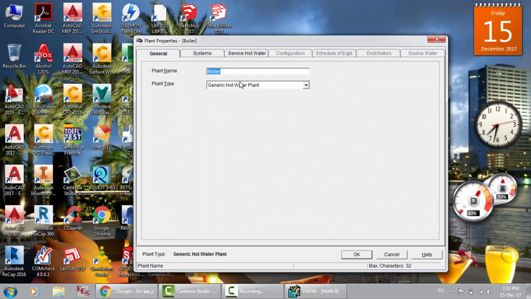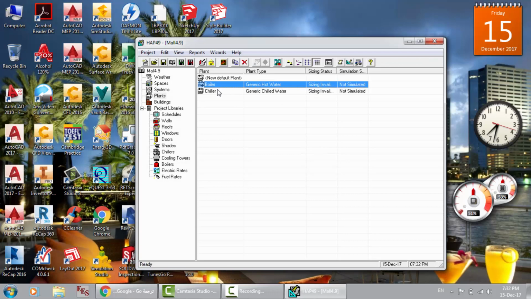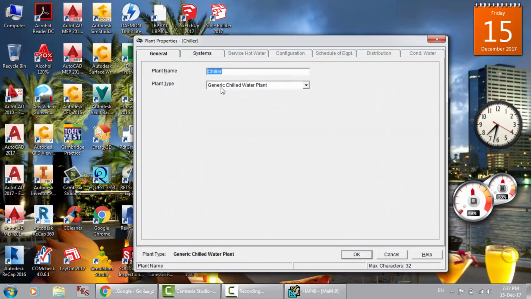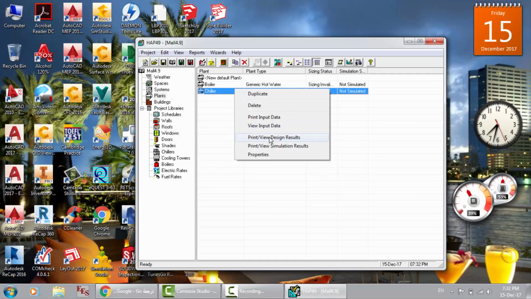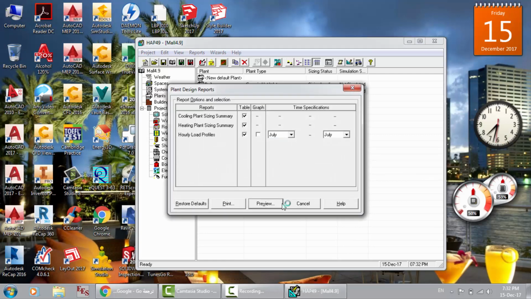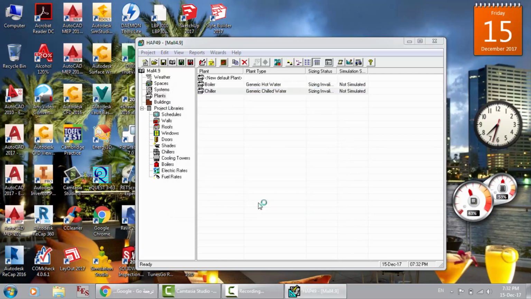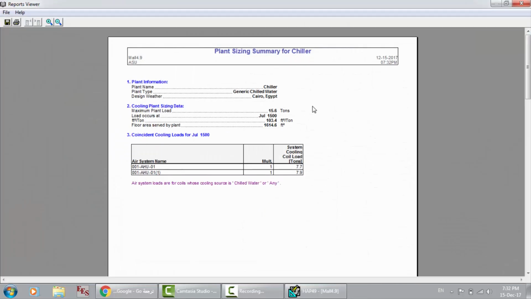So here is the boiler and here is the generic hot water plant. We talked about that. And here is the chiller, generic chilled water plant. We talked about that. When you see the report, here is the load for the systems you have, and the peak of the plant may not occur at the same peak of the system.